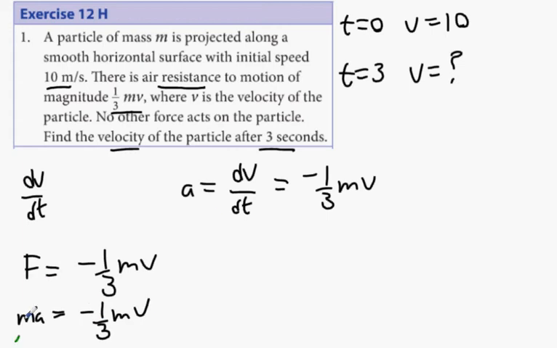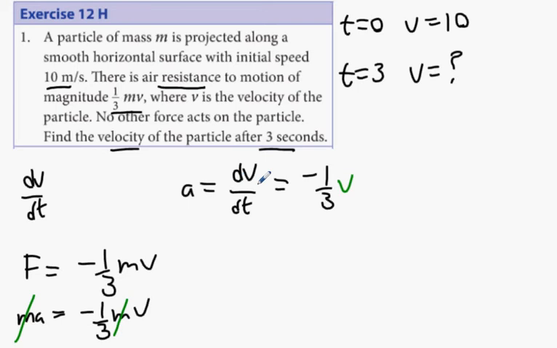The m will need to cancel off for it to be equal to a. Is that alright? So mv is a force, while v on its own is different. It can be regarded as acceleration. So you see the F is the force, is the resistance, and we had to cancel off the m's. That's a common occurrence, okay?